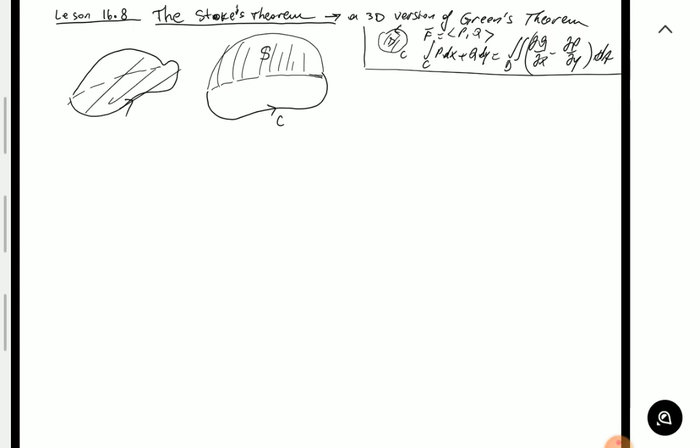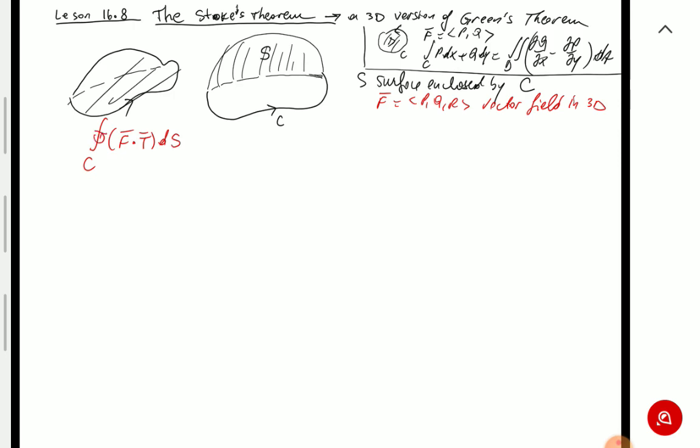So let's say S is the surface enclosed by C. Stokes' theorem states that the line integral on this curve over a vector field F in 3D, sometimes again you can add this little symbol here to indicate that this is a closed curve, is equal to the surface integral of the curl of the vector field along the normal, oriented, I'll tell you in a minute how, dS.